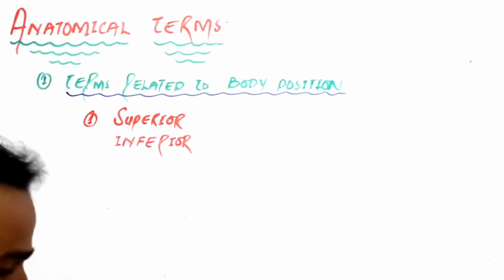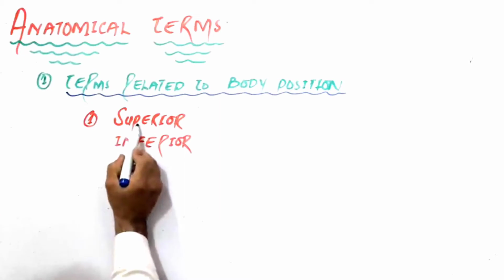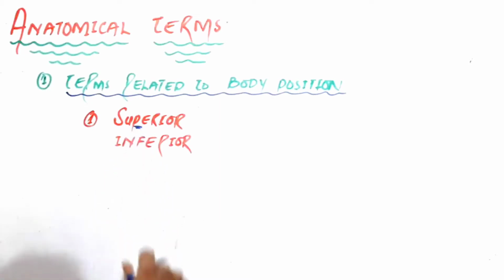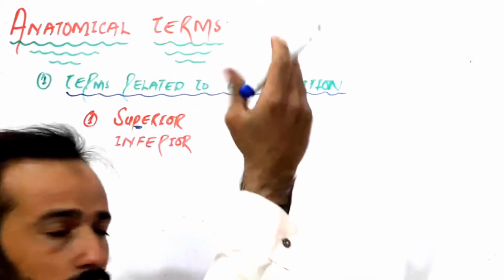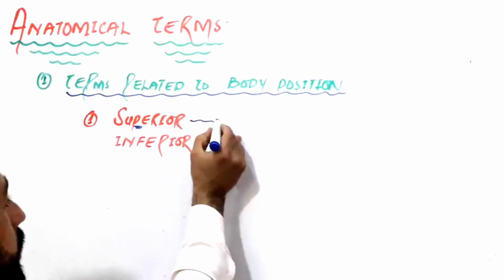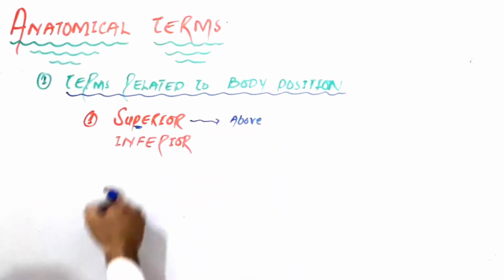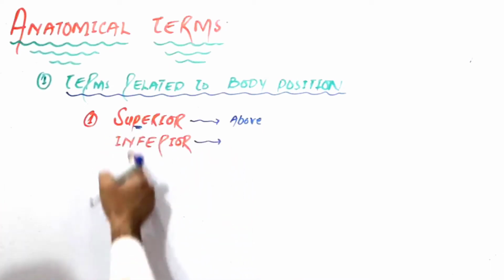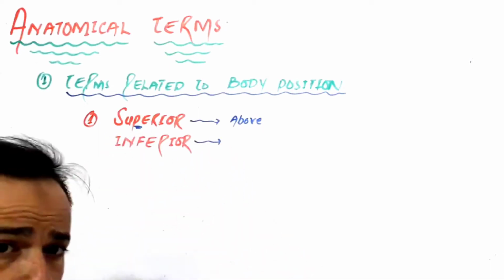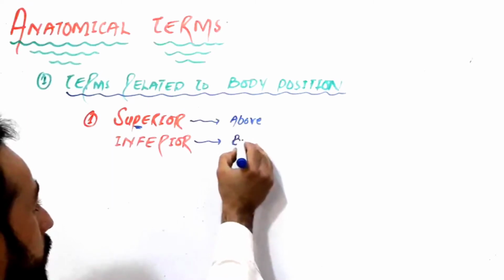Clear, friends? Superior has been drawn from super, and super means above, right? So superior means above, okay? And inferior is the opposite of superior, so obviously inferior means below.